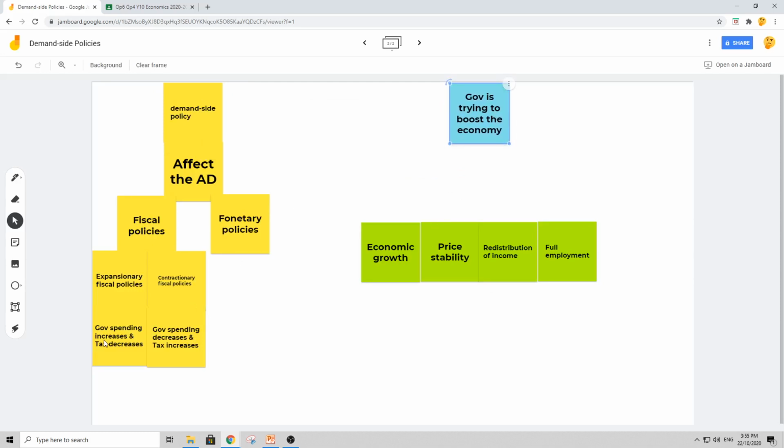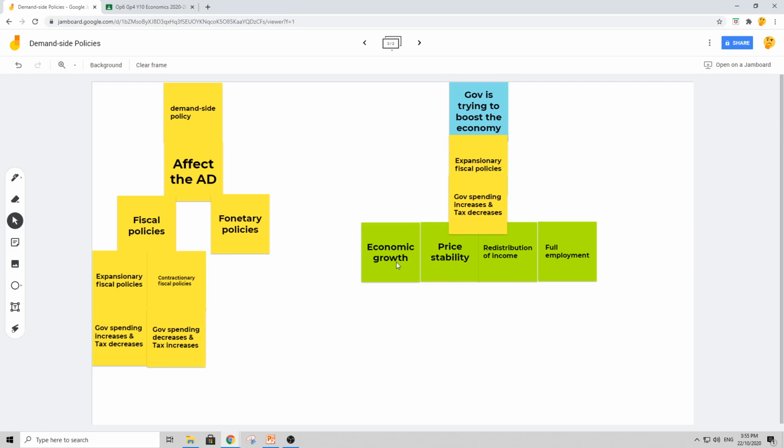Yeah, expansionary, right? So that's the case. Expansionary fiscal policy. So we are going to increase some government spending, and we want to decrease some taxes as well, right? Okay, so that's how we do it in order to achieve the goals.